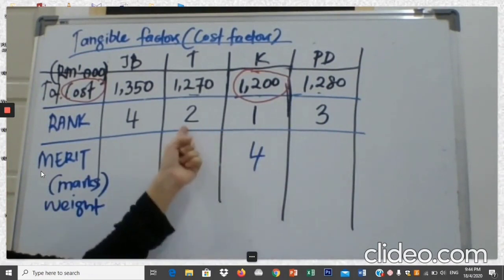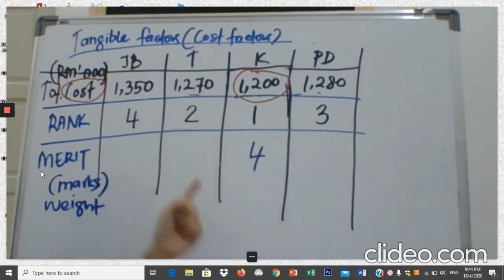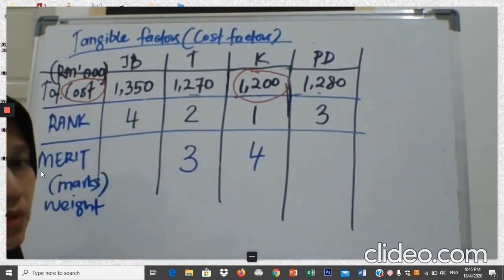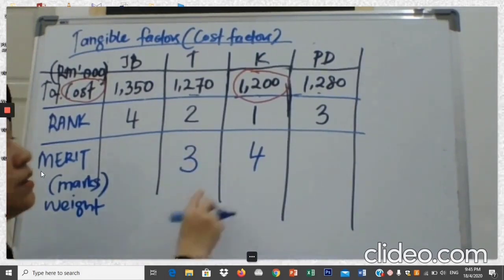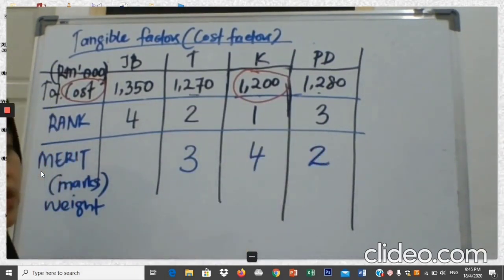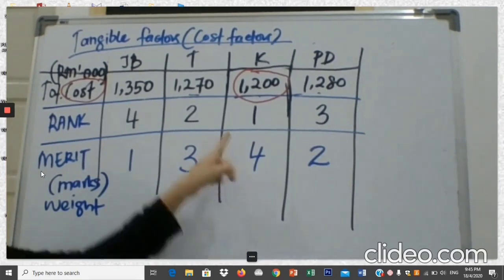For the first rank, the best one, the highest mark is given. The second rank will be given the second highest marks. So 3 marks are given to Tapah, which is in the second rank. Then 2 marks or 2 merit given to the third rank, and 1 mark or 1 merit given to rank number 4.